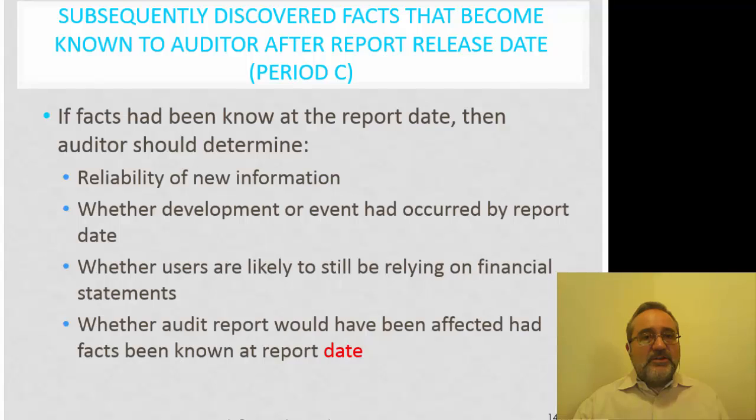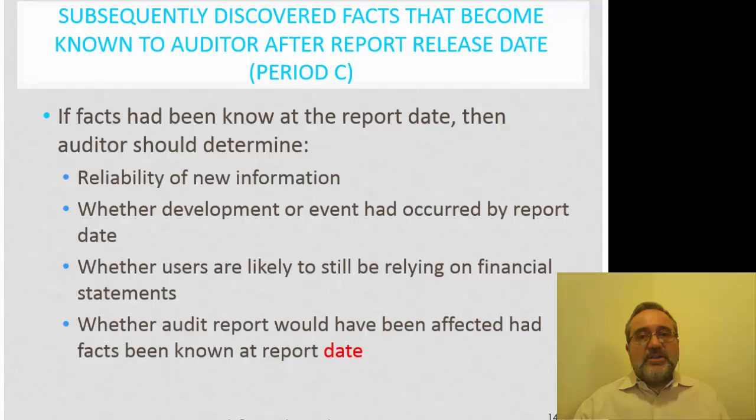So the clear indication here is, if there was fraud that was discovered after the report date that is going to impact the audit report that we issued, then essentially we have to retract this audit report. The standards require that we notify those that are known to be relying on this information, and from an audit perspective, this is not a good thing.